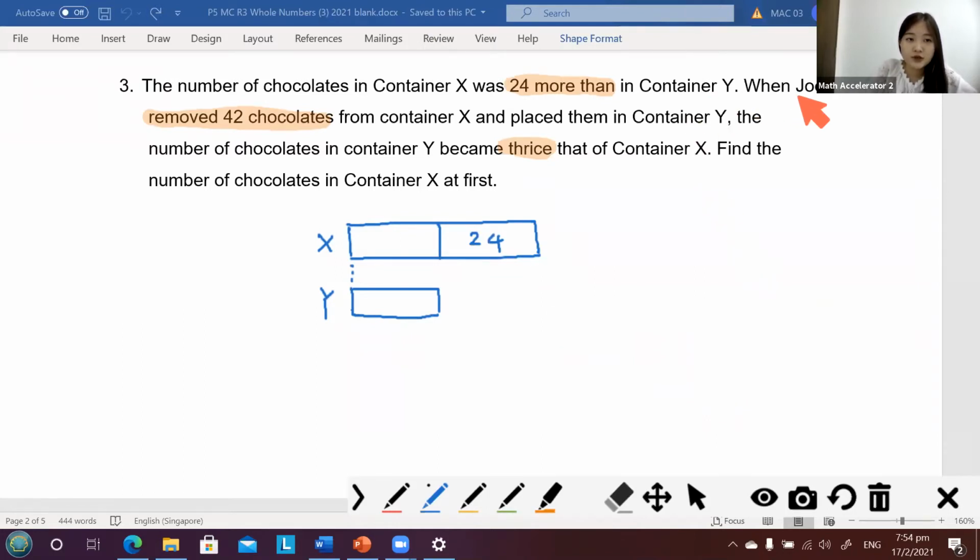When Joe removed 42 from X and placed them in container Y, X needs to take away 42. So once again, is 24 enough here to give to your container Y?